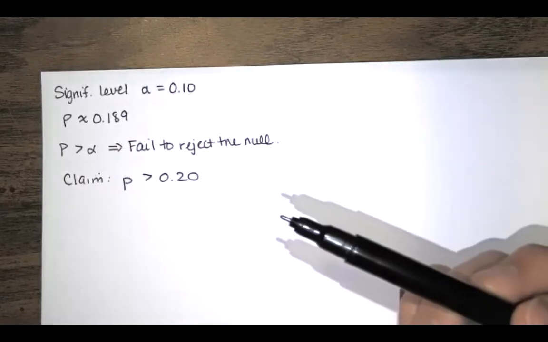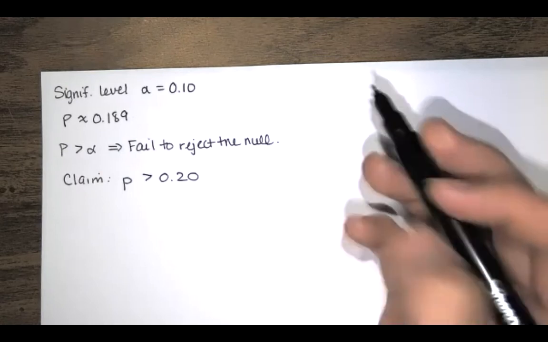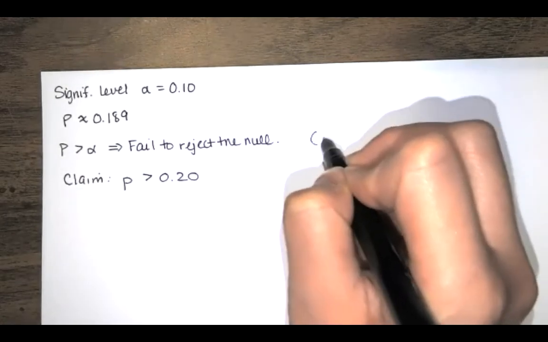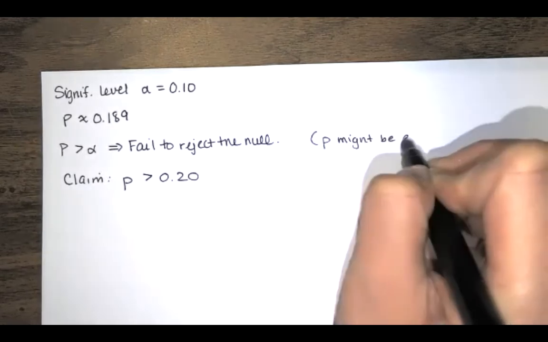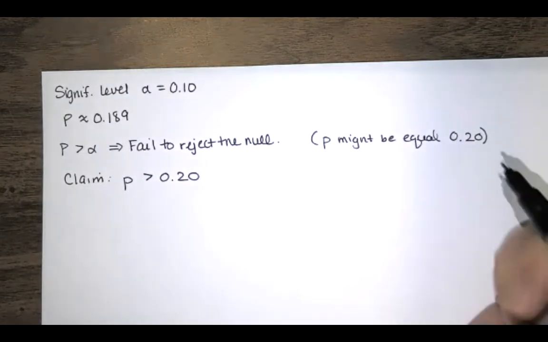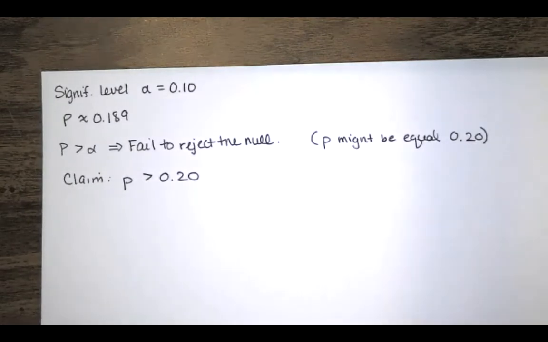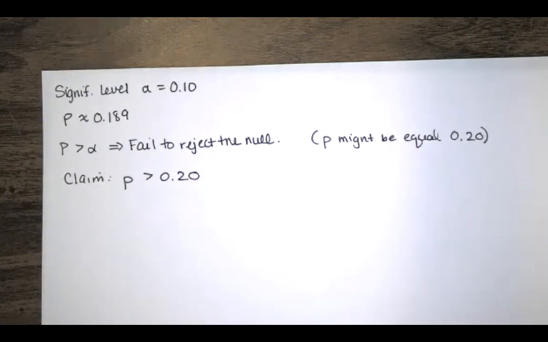So failing to reject the null is saying, in other words, yeah, p might be equal to 0.2. So the proportion might be equal to 0.2, and that's not consistent with this claim. We're not saying that p is equal to 0.20, but we're saying that it might be equal to that.